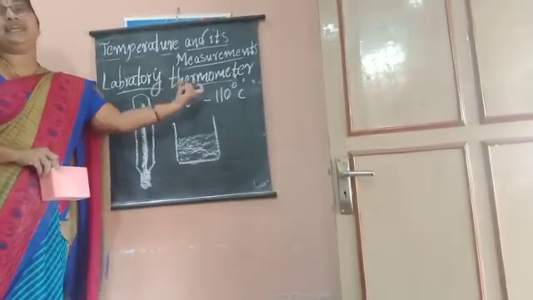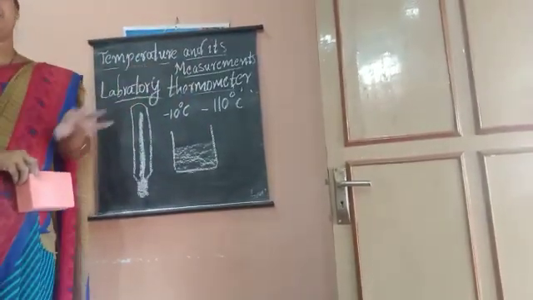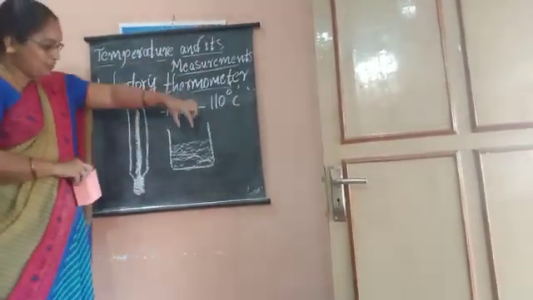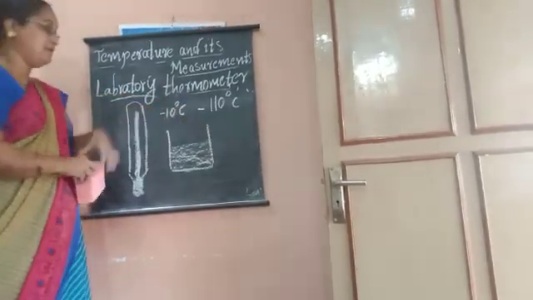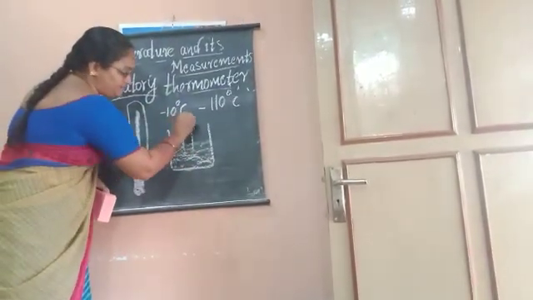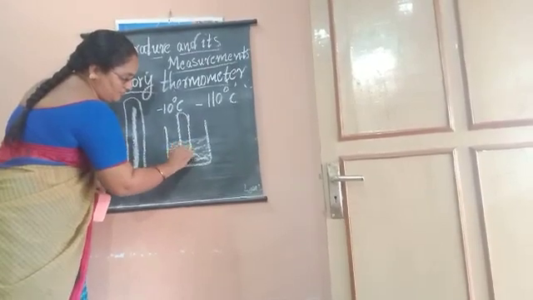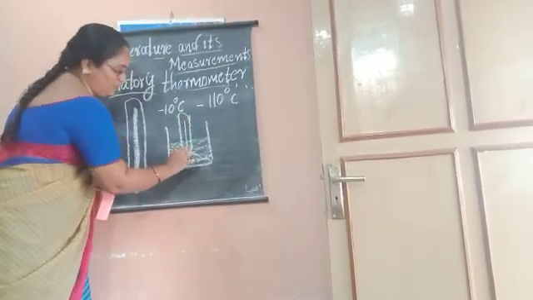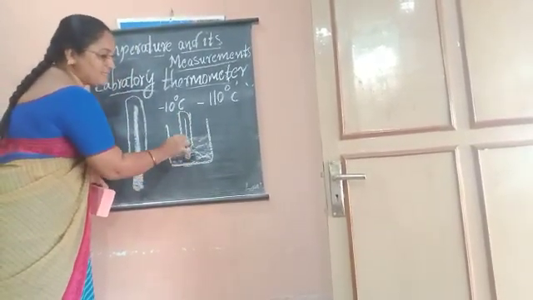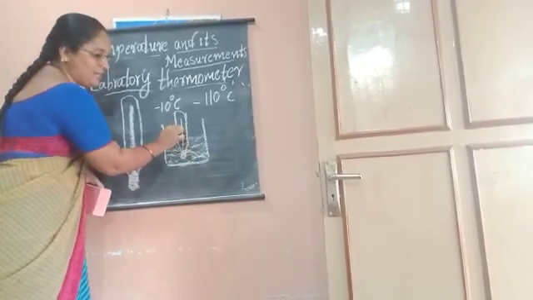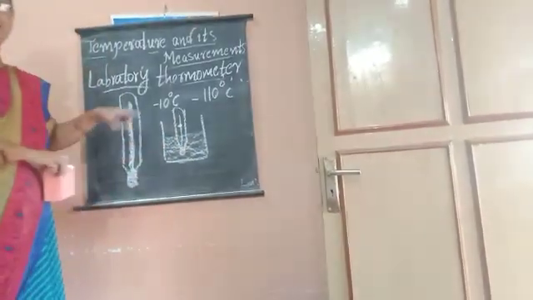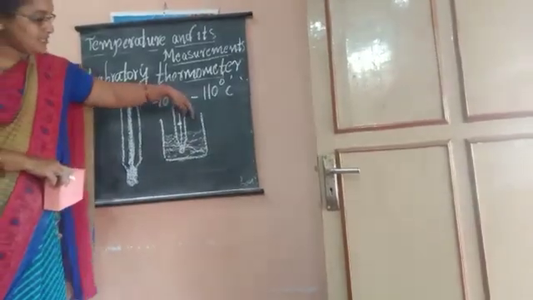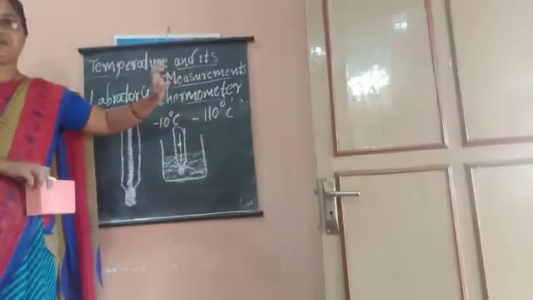You must note the measurement. When you dip the laboratory thermometer in that particular liquid, the mercury level rises and it will stop and become steady at a particular temperature. You must record that measurement.